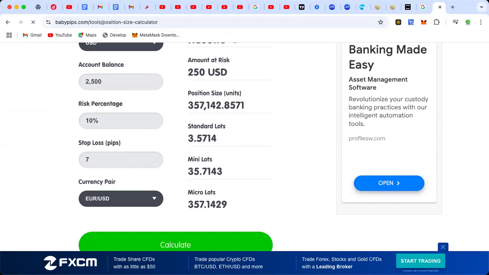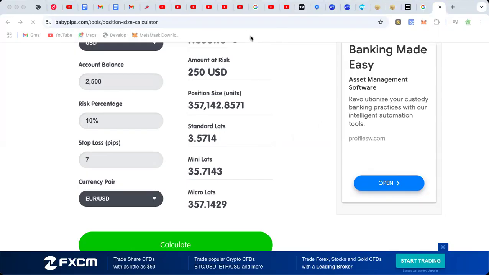So you may not open your position all at once. Let me look at it. 3.5714 divided by 5, perhaps, or 4, depending.